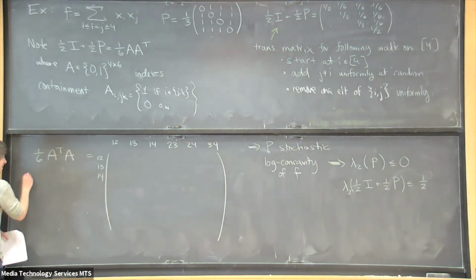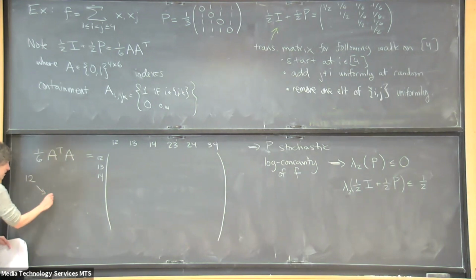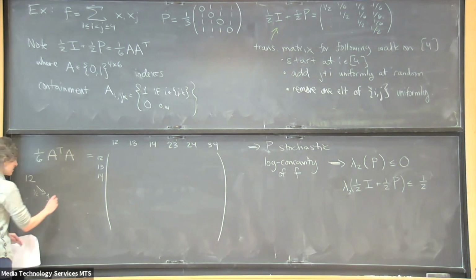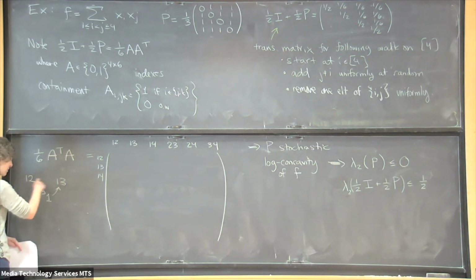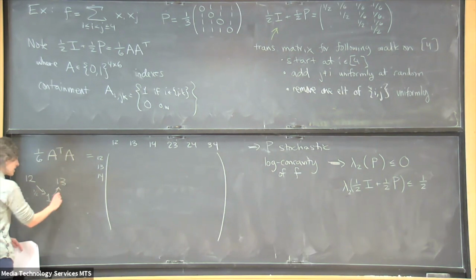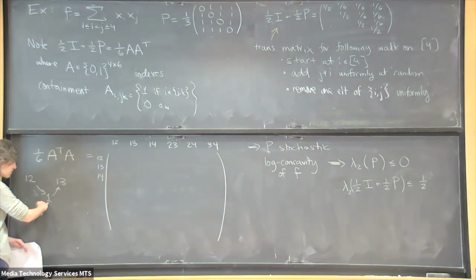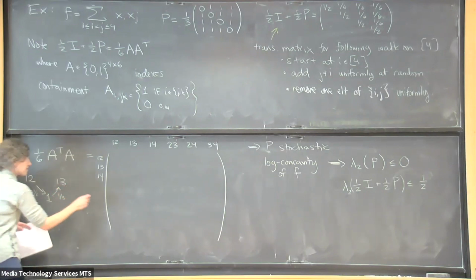So if I started at {1, 2}, then I'm going to remove 1 or 2 uniformly at random. So this is going to happen with probability 1/2. And then I'll add something in uniformly at random. So for example, if I want to calculate the transition probability from subset {1, 2} to {1, 3}, the probability of going to 1 is 1/2. The probability from 1 to {1, 3} is a third, so this is 1/6.